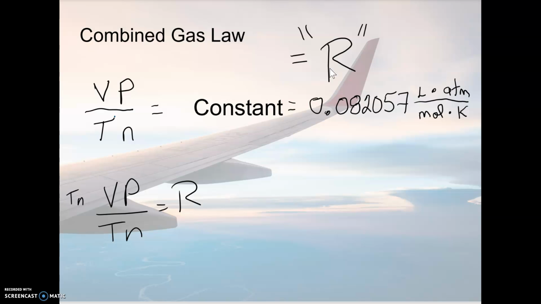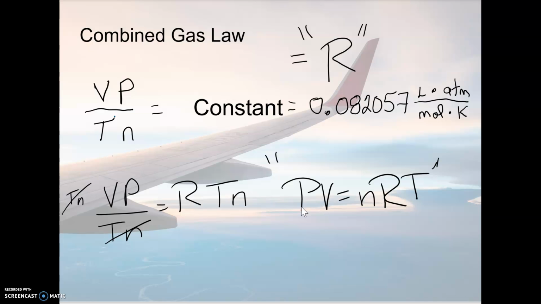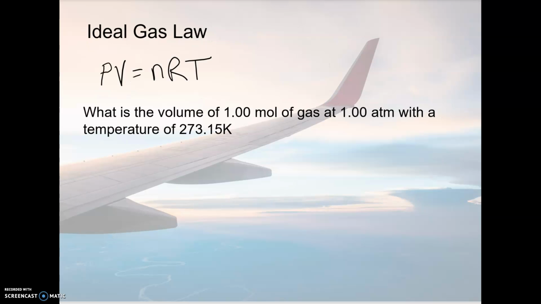So if I multiply both sides by N, the amount in moles, and the temperature in Kelvin, I get PV equals nRT. And that's what we have on the next slide. We call this the ideal gas law, and this is what we're going to use when we have one set of conditions. There's usually one of these we're trying to solve for, and we can use this equation.